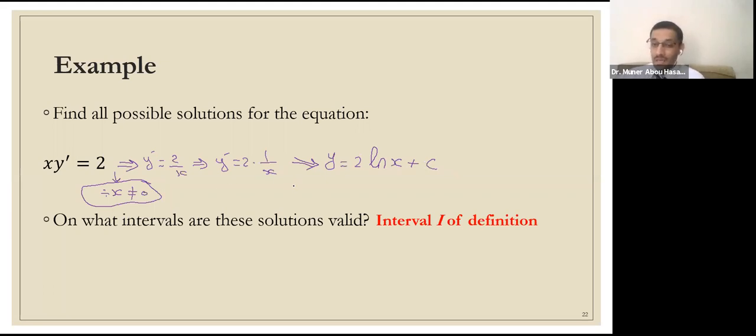But now I need you to find the interval of this solution. That means you need to determine the domain of your solution. Can anyone tell me which interval x must be in if you have ln?